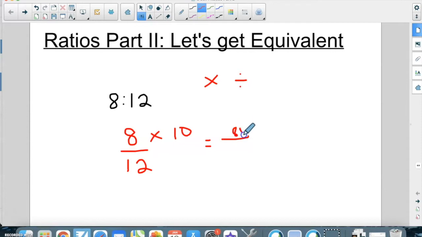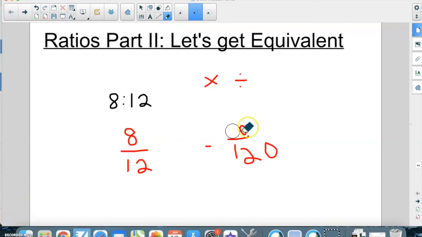Yeah, it's hard to draw on a mouse pad, that's for sure. And then do the same to the bottom, 12 times 10, and that would be 120. Okay, so 8 over 12 would be equal to 80 over 120. All right.